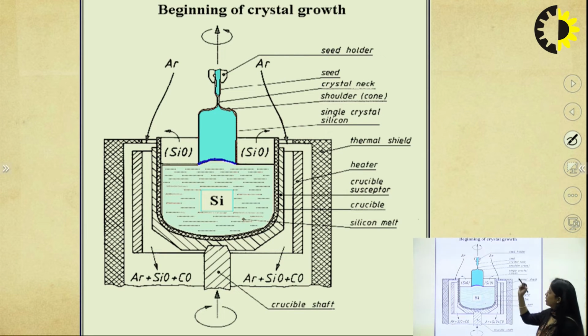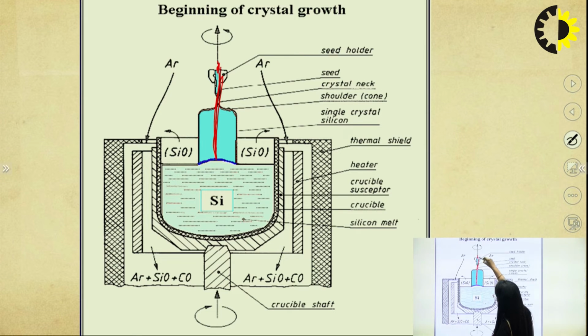we drop a thread-like structure from the top. When we drop a thread-like structure from the top, at the same time we are rotating the system. So what will happen?